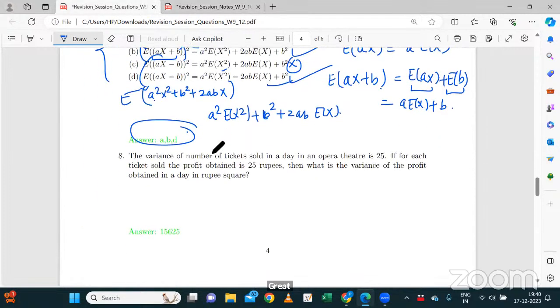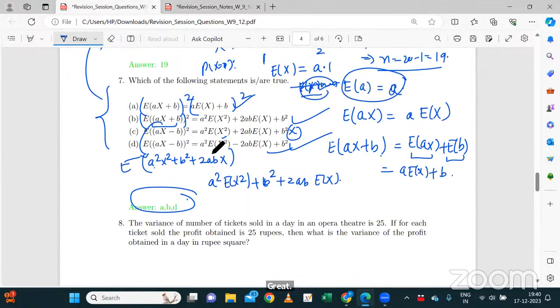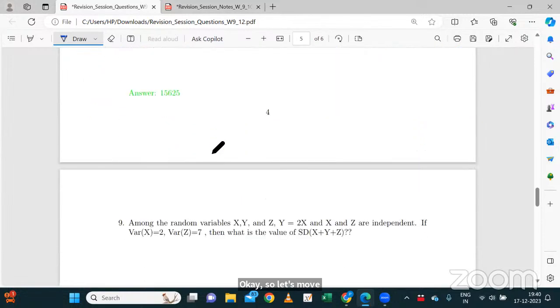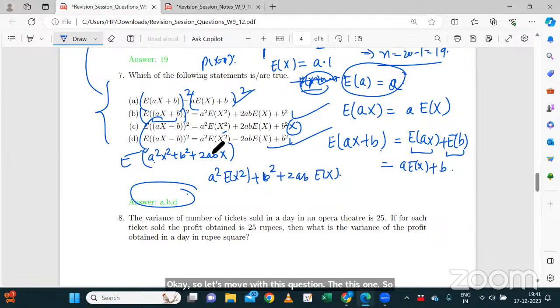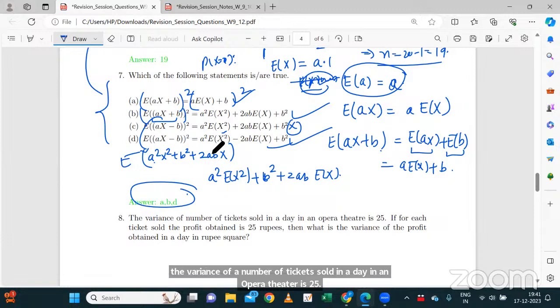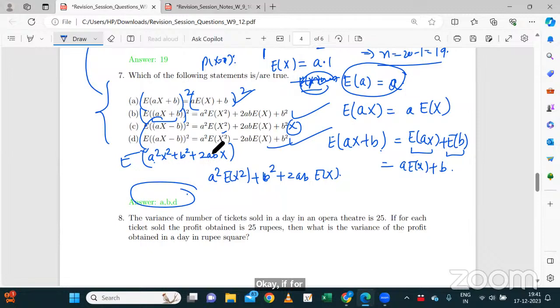Okay, let's move on to this question. Only two questions are there. The variance of the number of tickets sold in a day in an opera theater is 25. If for each ticket sold the profit obtained is 25 rupees, then what is the variance of the profit obtained in a day in rupees square?